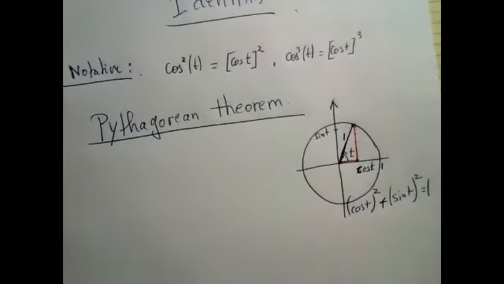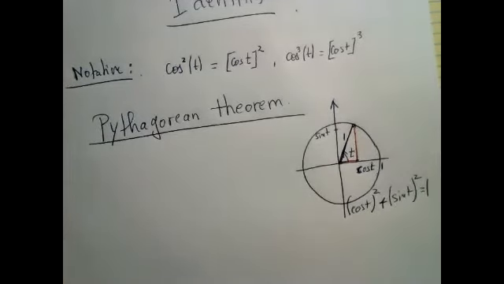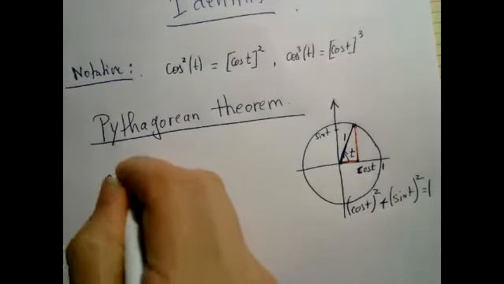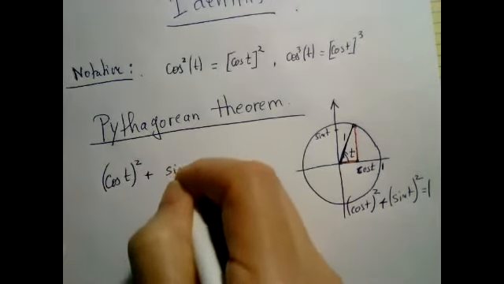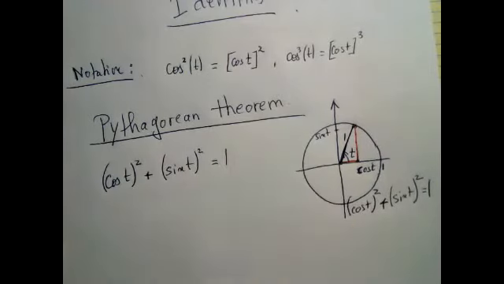So the Pythagorean theorem is the first theorem which relates the sine and the cosine. A very important trigonometric identity. This reads that cosine of t squared plus sine of t squared equals 1.